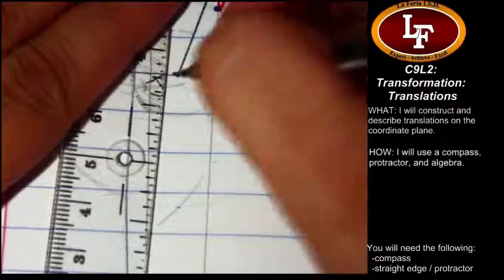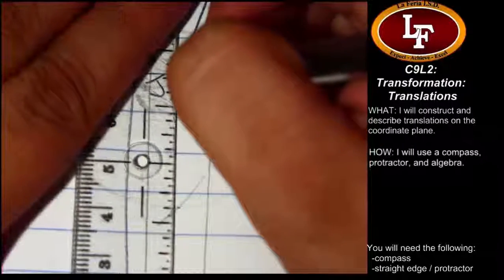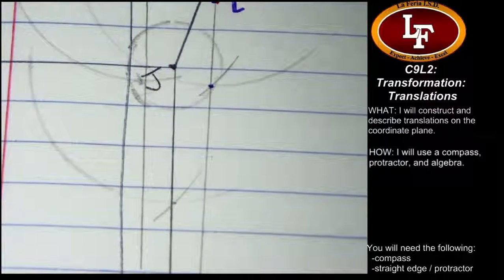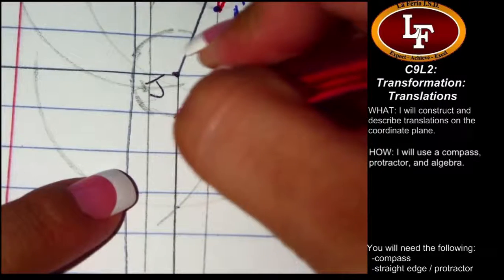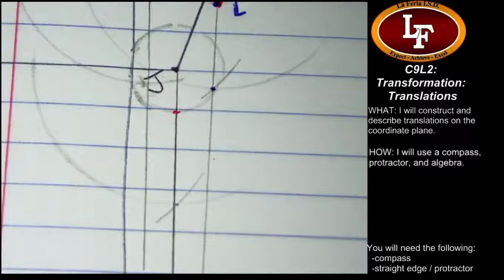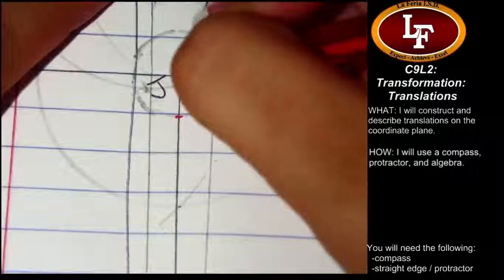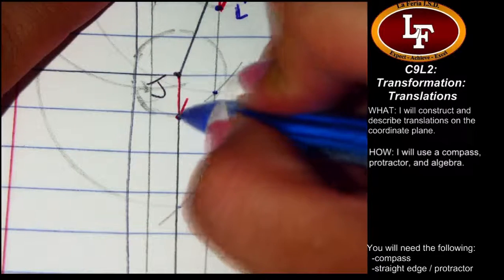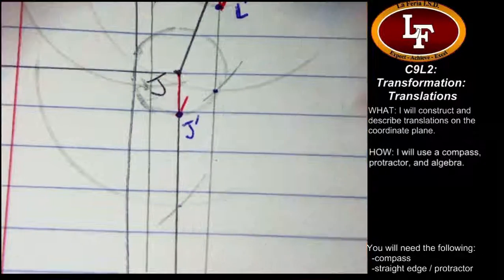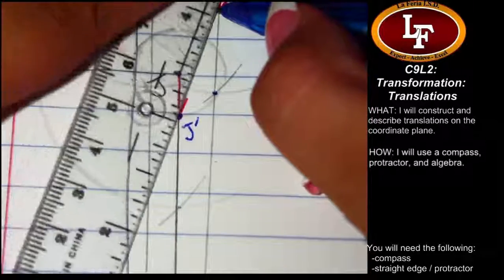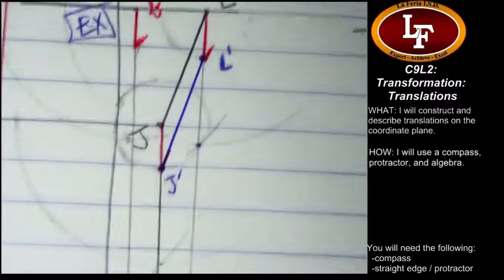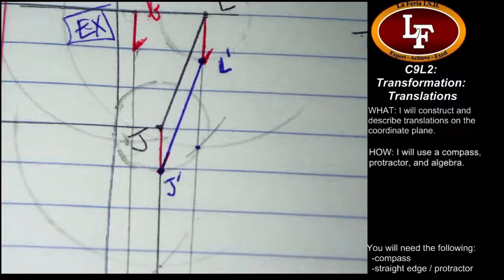And so my vector needs to lie somewhere on this ray, but it stops here because that's how big my vector was. So there's my vector. There is where J is going to end up, J prime. There's my new segment, J prime, L prime. I've moved J a little bit.